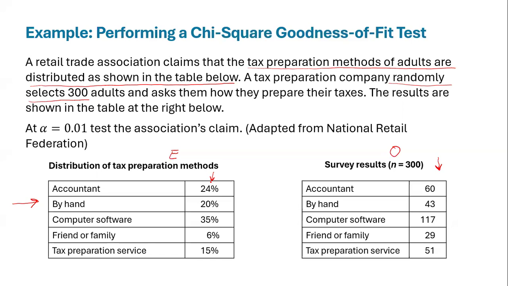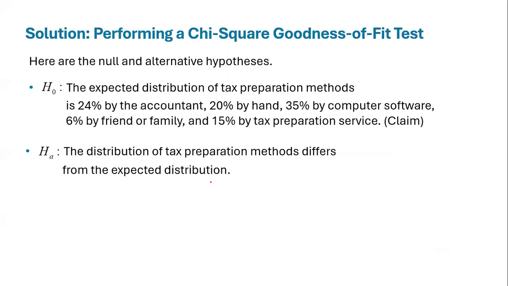Both work. It doesn't matter which one you use. You can write everything from that table in the null hypothesis: the expected distribution of tax preparation method is 24% by accountant, 20% by hand, 35% by computer software, 6% by friend or family, and 15% by tax preparation service. And we know that's the claim.